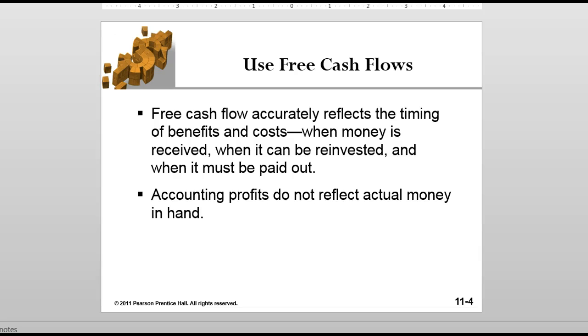Remember when we did the cash flow statement and how we used it to reconcile the net income to the cash account? That's a bit like what you're going to do in an evaluation of a project. And that's simply because accounting profits don't reflect the actual money in hand, and that's what we're looking for in this case. So we need to look at the money.